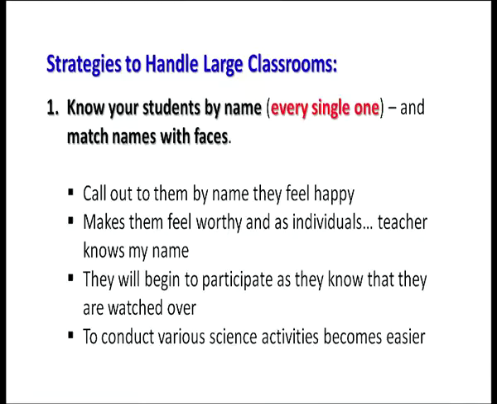They conduct various science activities and they become all the more active. The sitting arrangement. Take some time out to relate names and faces. This could take you a few weeks. Break down cliques. To do this, change the places of students regularly.